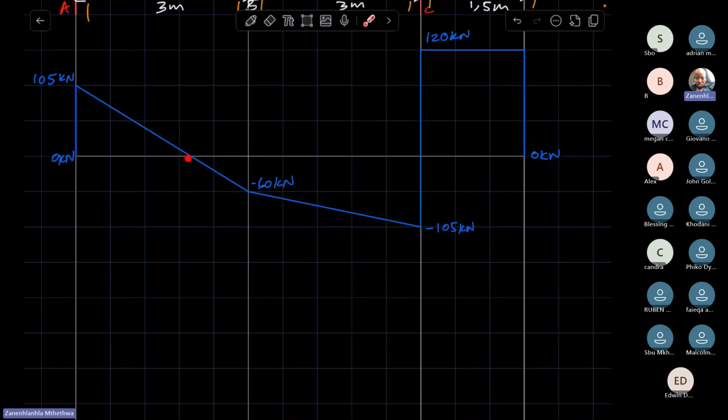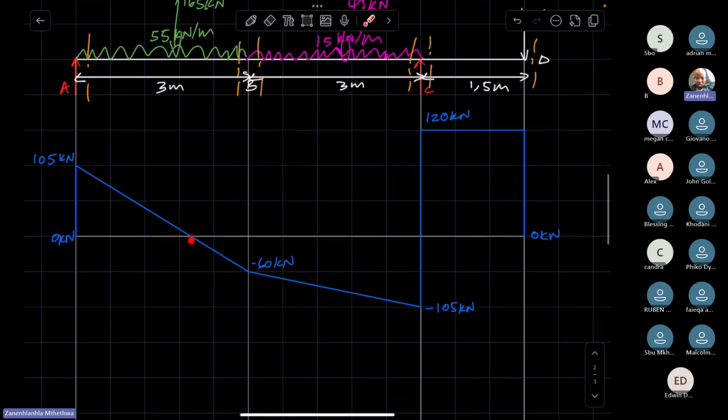As far as where the maximum bending will take place, it will be at one of these points. Hence, it is critical that we calculate the bending moment there, which will help us establish whether the beam experiences the most bending at this point or at that point.